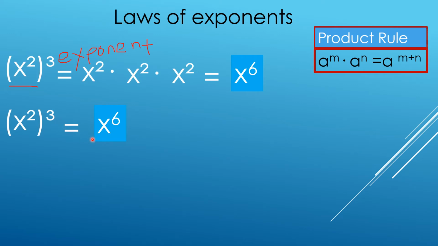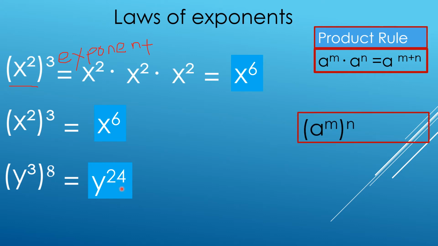So that is x to the sixth power. You're not going to expand this anymore. Now, if I have y cubed raised to another power, which is 8, my answer is y, 3 times 8, that is 24. So y to the 24th power.